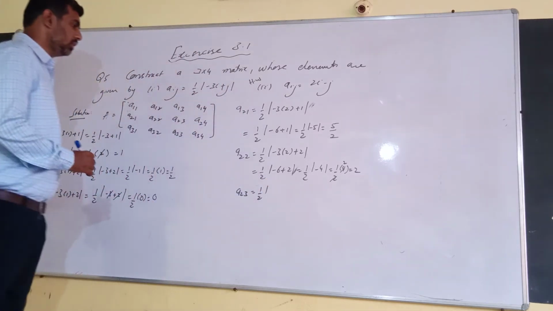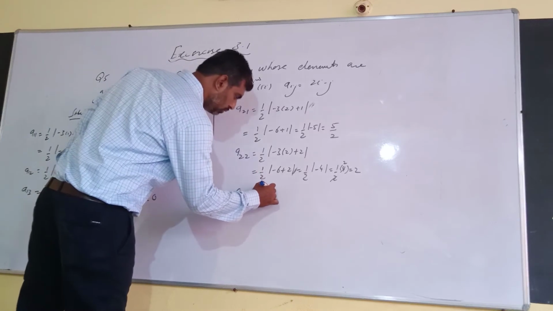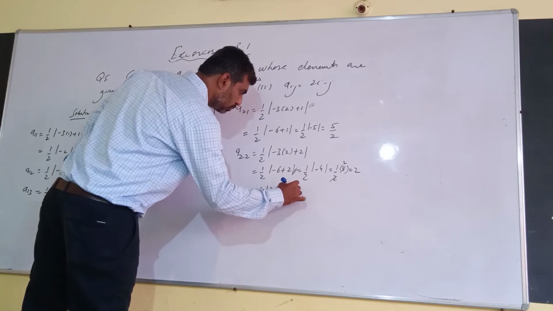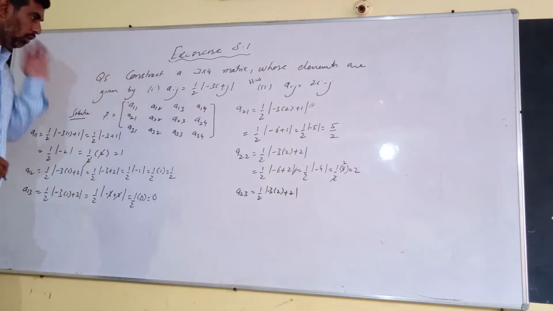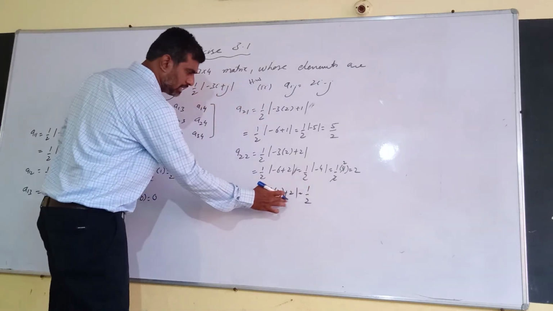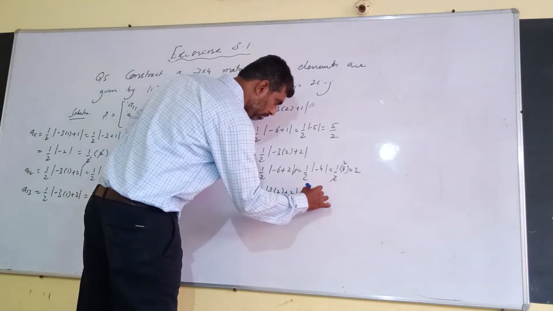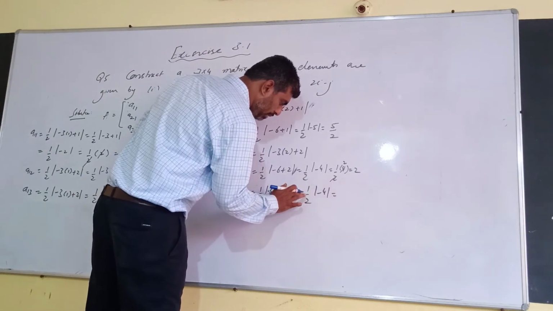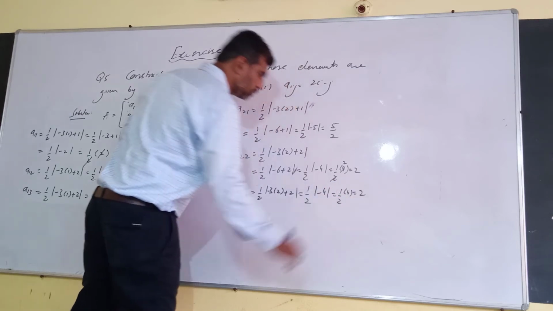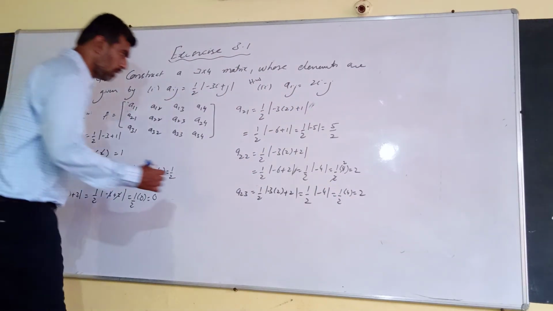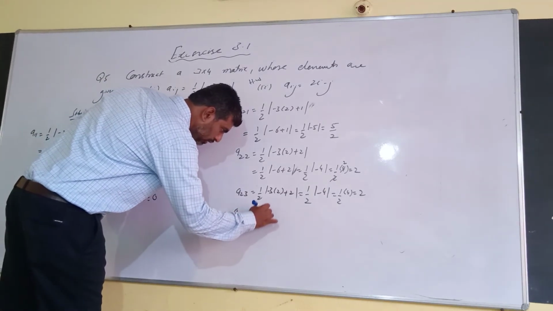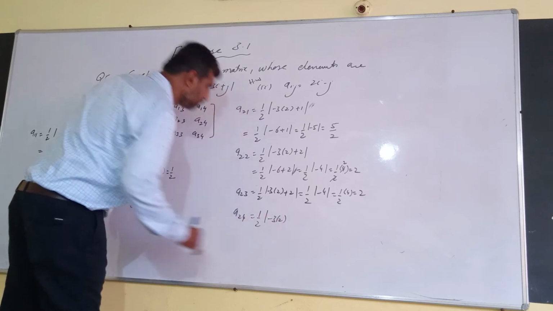Now, second row, third column, minus 3 into 2 plus 3. Now, what will be the answer here? 1 by 2 into minus 6 plus 3, minus 3. Minus 3 will become plus 3, which gives us 3 by 2. Now, second row, fourth column. 1 by 2 into absolute value of minus 3 into 2 plus 4.